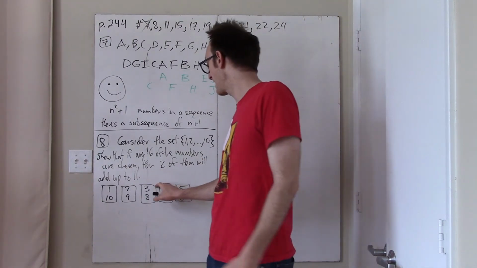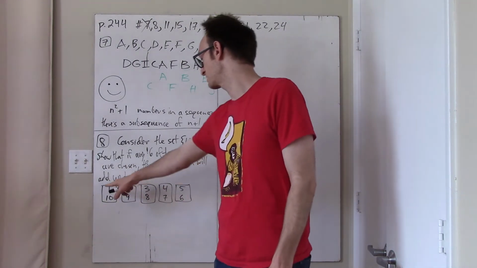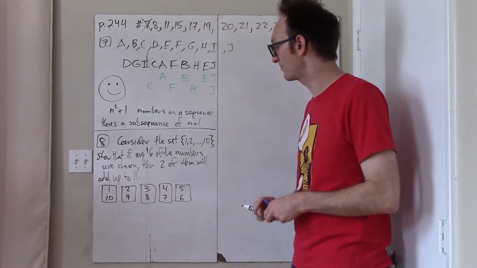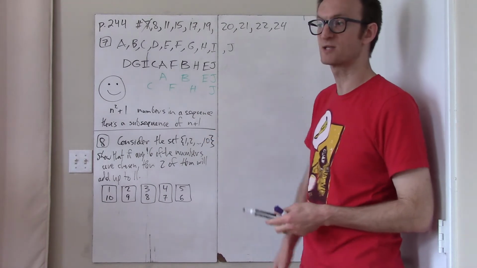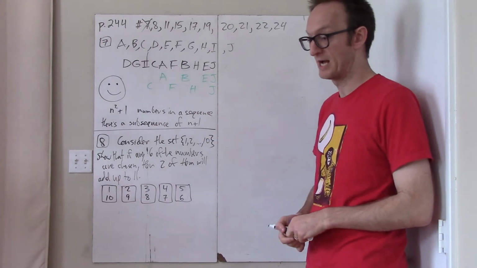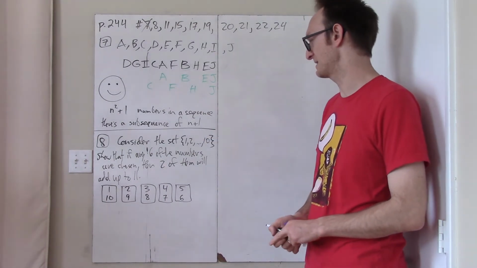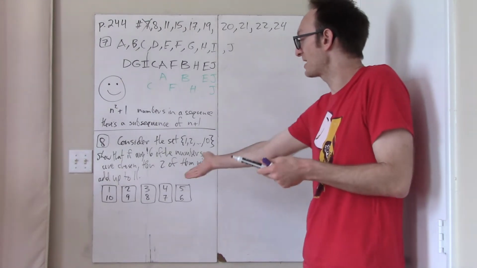And so I've partitioned the set of numbers into these 5 boxes. And so if the 6 numbers must fall in these 5 boxes, then the pigeonhole principle says that there must be 2 numbers in a box. And so one of these boxes has 2 numbers in it.